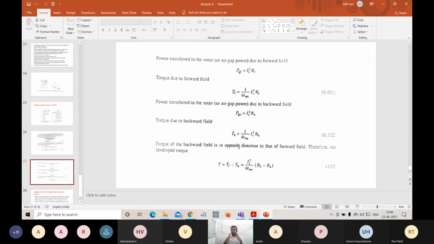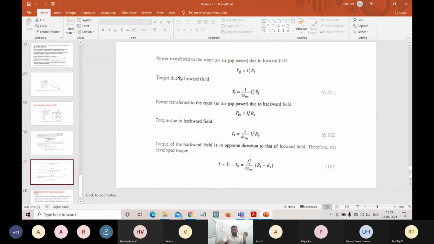Because normally almost all our loads are inductive in nature. So inductive in nature is nothing but we are using the induction motor as a load. Sometimes we are using it for starting, and sometimes we are using the same motor for braking. When we use it for starting, we use the forward field, and when we use it for braking, we use the backward field. So that's why we divided.